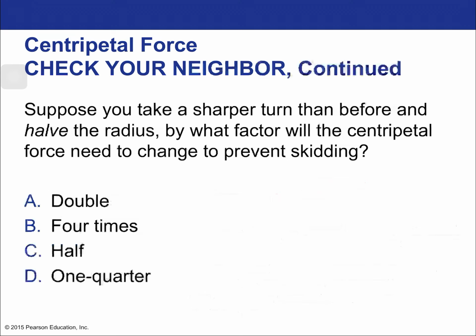All right. So suppose you take a sharper turn than before and halve the radius. By what factor will the centripetal force need to change to prevent skidding? Okay, so remember the formula, Fc equals mv squared over r. If I cut r in half, how much bigger does my centripetal force have to be? Okay, I kind of gave away that it has to be bigger, so maybe we can eliminate 2 of the options.